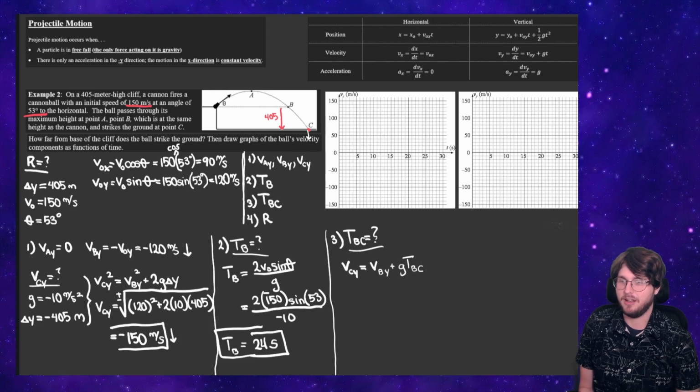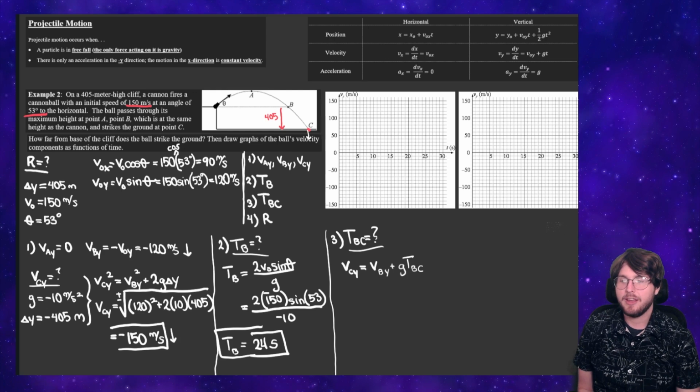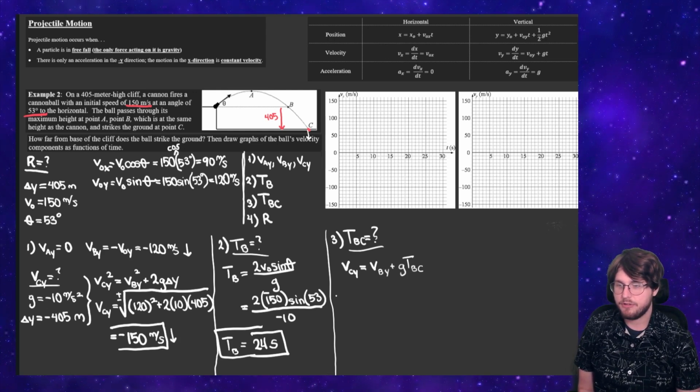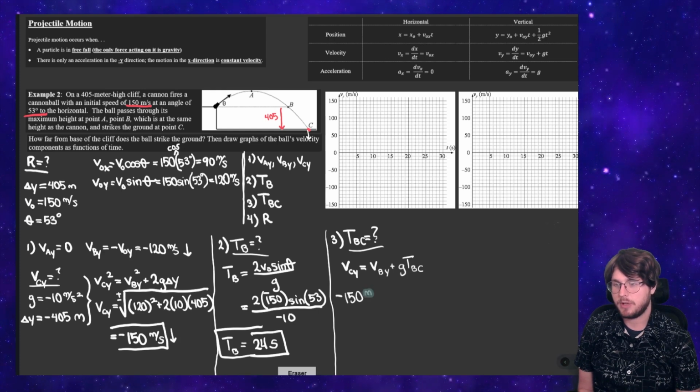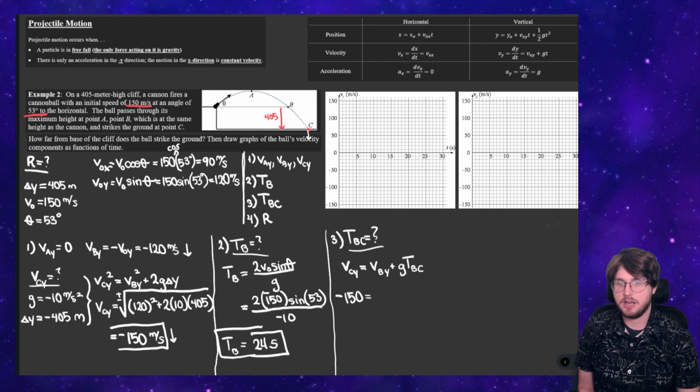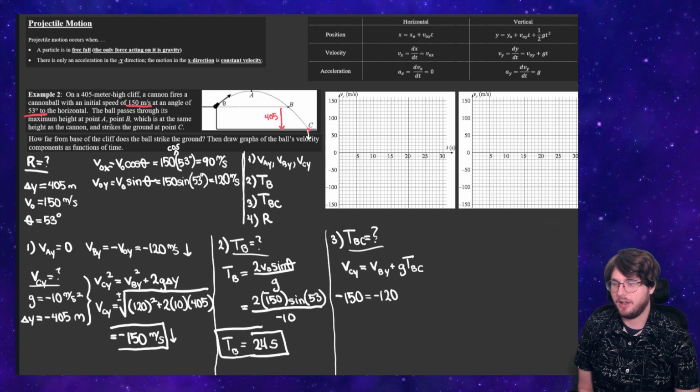Lots of E sounds in this video. Okay. And then we can go ahead and substitute. So VCY was a negative 150 meters per second. Oh, I don't need to write units there. And then it'll be negative 120 meters per second for VBY. And then we're going to go ahead and just plug in the minus there.